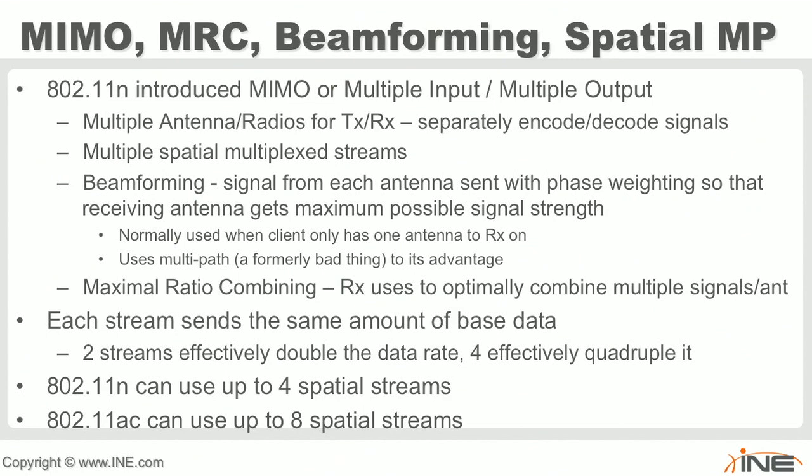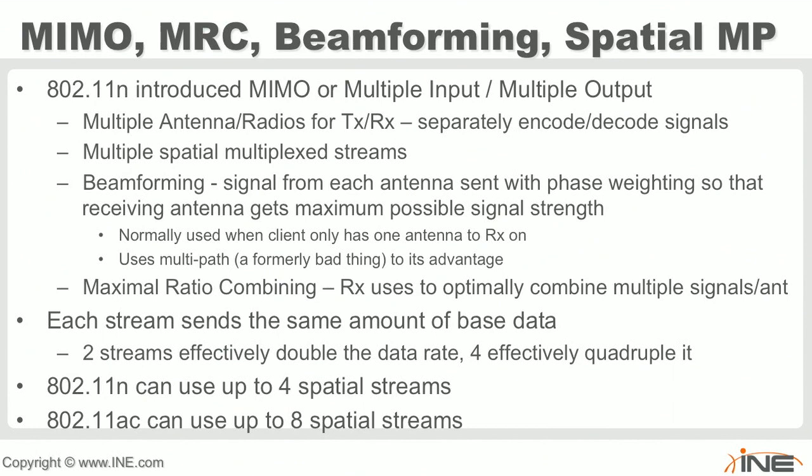Then we also have something called MRC, or maximal ratio combining. This is when the receiving client has multiple antennas, and it is used to optimally combine the multiple signals at the receiving antenna. Okay, so beamforming is typically used when the client has one antenna.